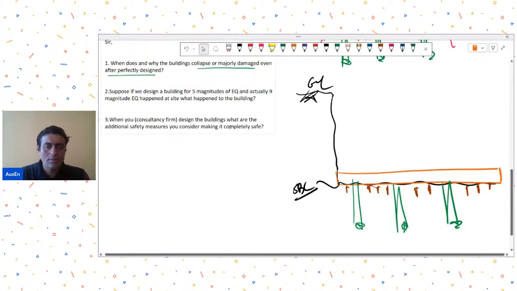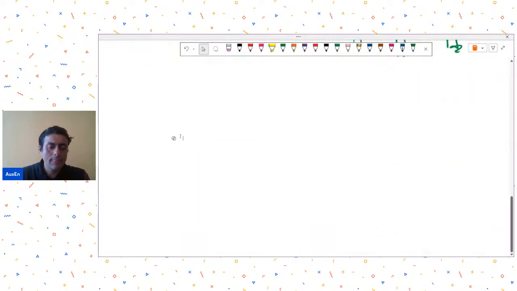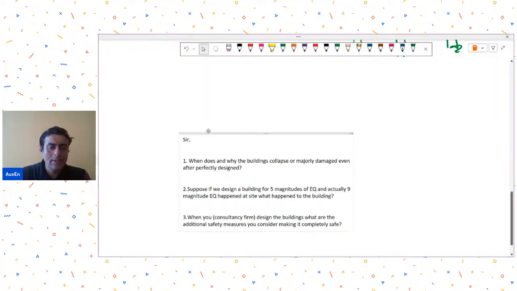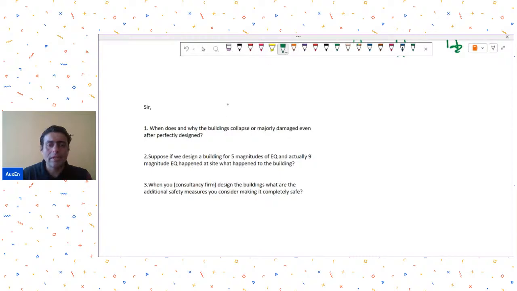All right. So now we come back to the question asked by engineer Chandra from Vishakhapatnam. He's asking, when and why do buildings collapse or get majorly damaged even after being perfectly designed? I'm not sure whether he is asking in terms of earthquake loads or normal gravity loads, the day-to-day service loads that your structure is expected to face.